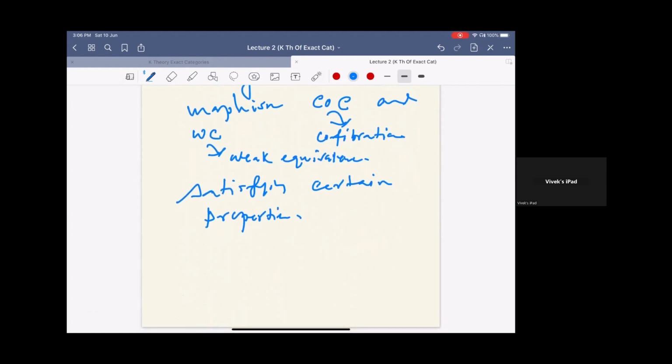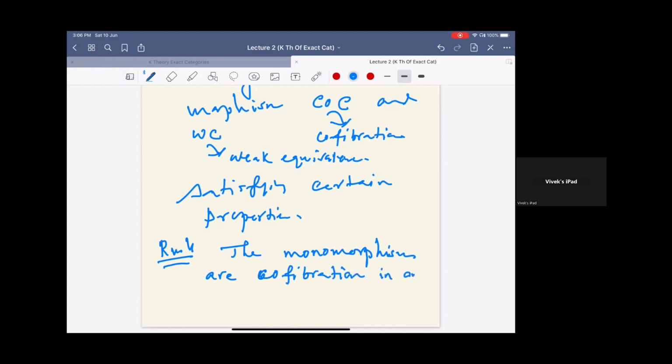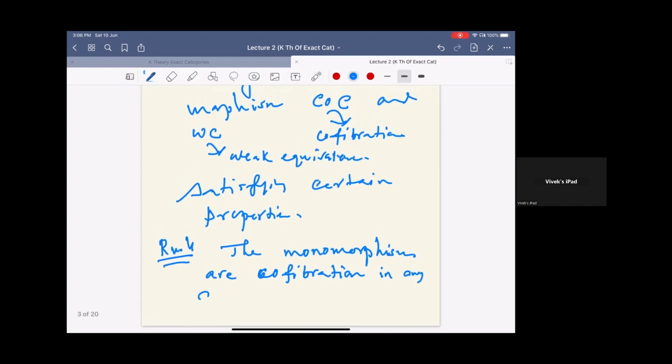Okay, so in an abelian category, a remark: it's a generalization of an exact category. So note that in an abelian category, the monomorphisms are cofibrations.